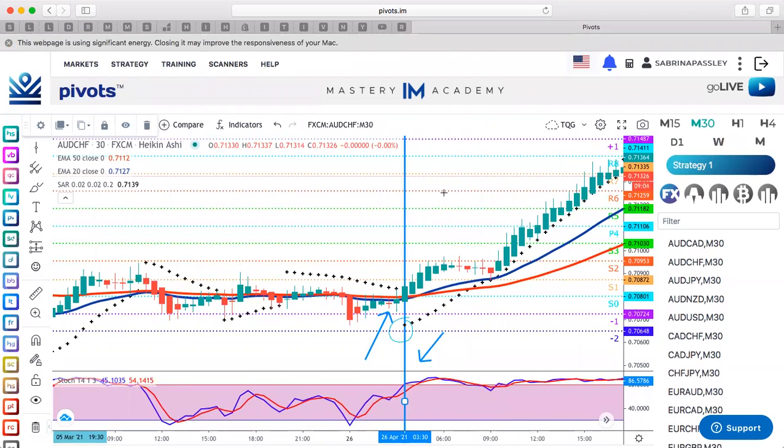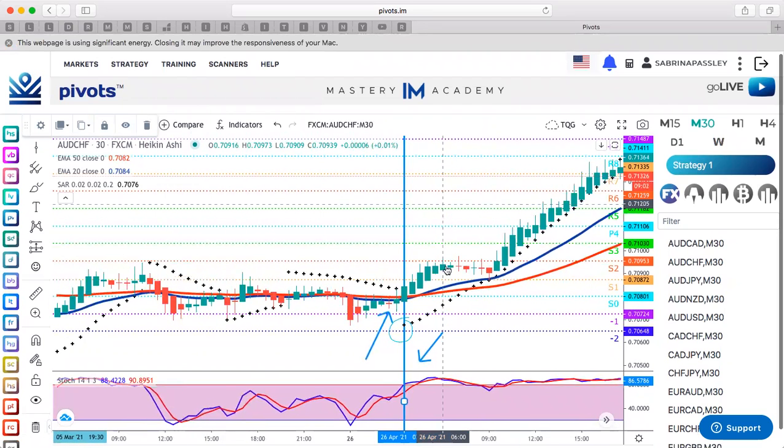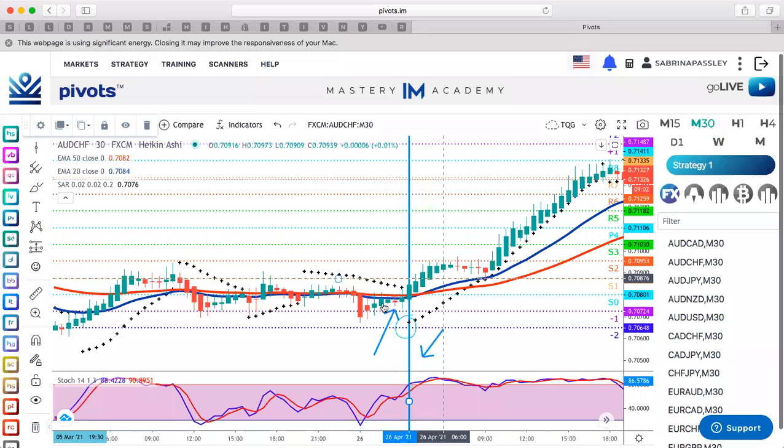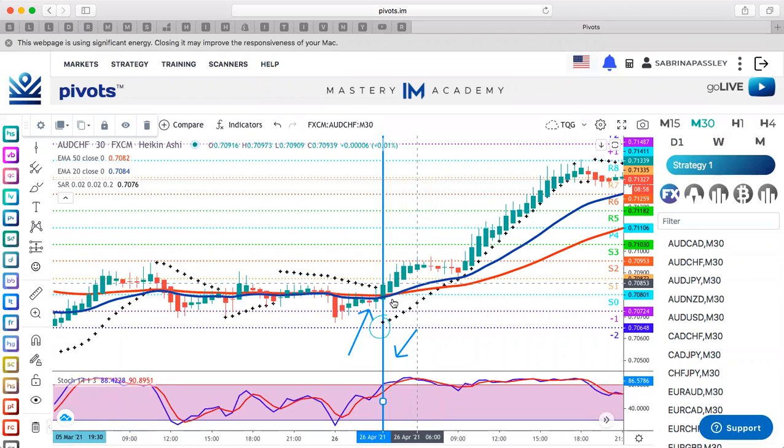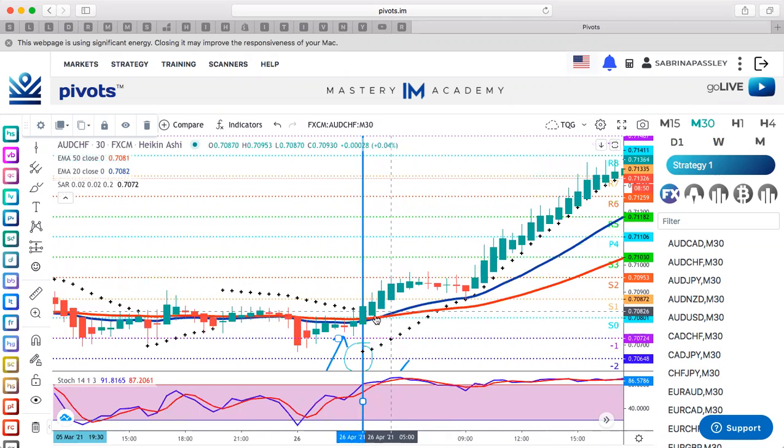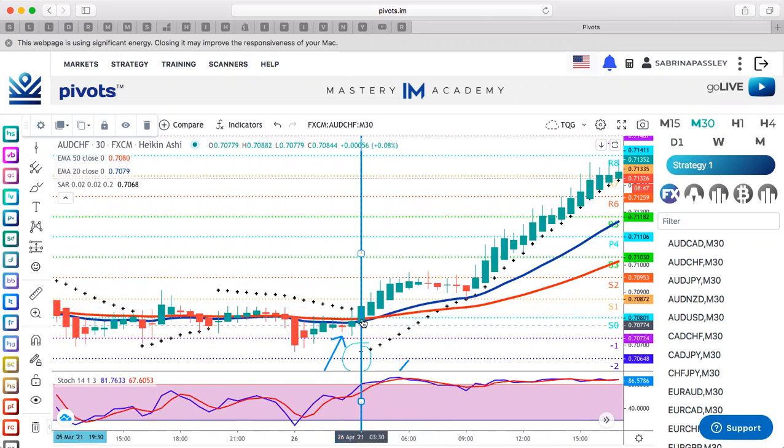But what I will have to wait for, on the other hand, is for my blue line to cross over, because at the moment it's not fully crossed. So we've got the candle that's broken across both red and blue lines, but our blue line hasn't crossed over the red. But this is the indication that that's going to happen soon.